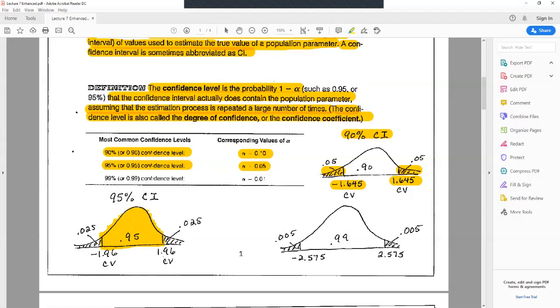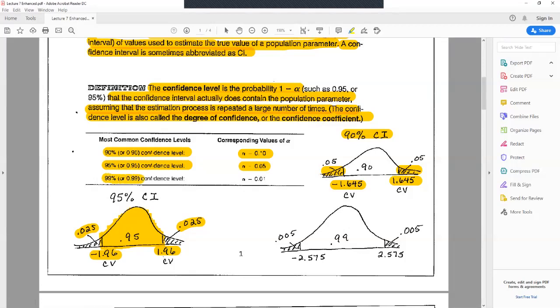If I split the 5%, that gives me 2.5% for each tail. Notice that the critical value for a 95% confidence interval is 1.96 on the right side and negative 1.96 on the left side. We could have generated the 1.96 by doing the inverse norm of 0.025 plus 0.95. That would be one way to generate the z-score for the critical value.